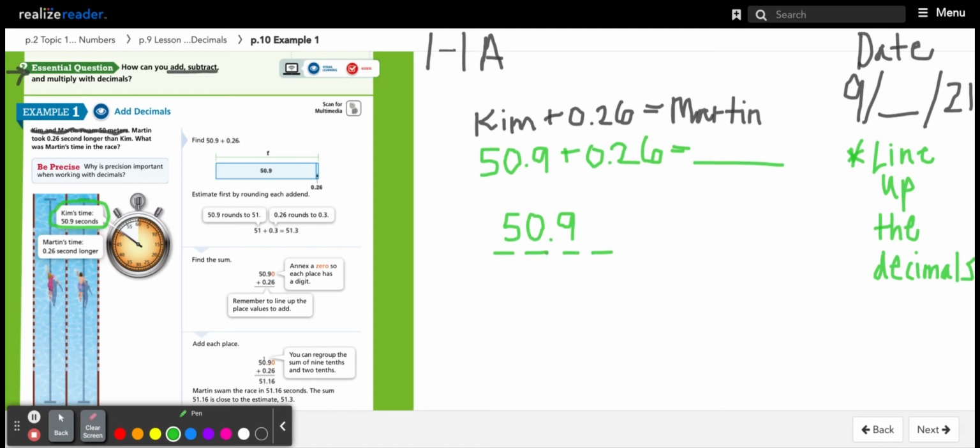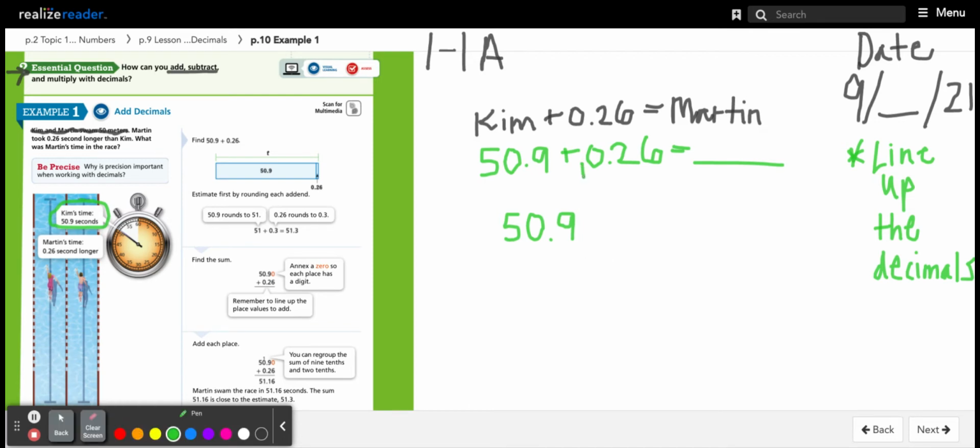So we have ones, tens, next would be hundreds. And going with the decimals, we have tenths, hundredths, next would be thousandths. So that's a quick little review to help us with our place value here, because when we add decimals, we have to line up the decimal points and line up the place values.